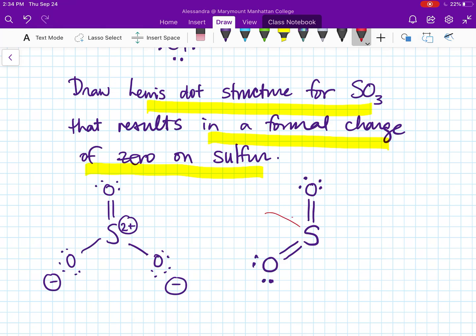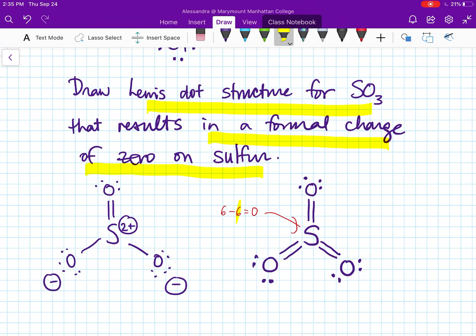I want to have a situation where I have 6 minus 6 giving me a charge of 0, right? So I'm going to need half of the bonds, basically. So I should have 12 electrons around sulfur. Then when I count up half of the bonds, I get a 6 to subtract from the 6 electrons that the free sulfur atom possesses.